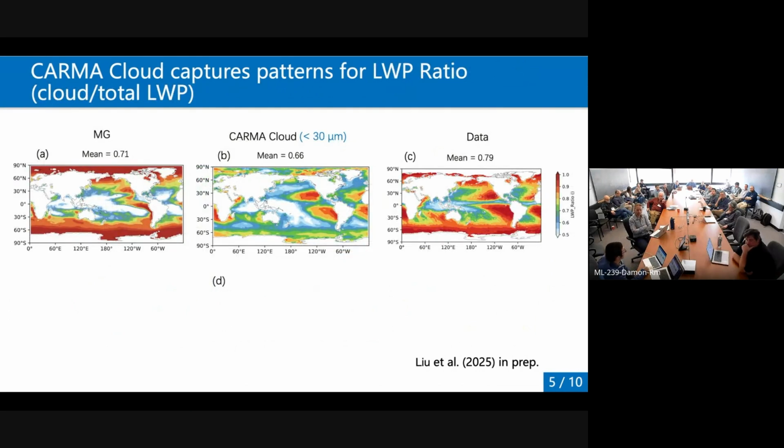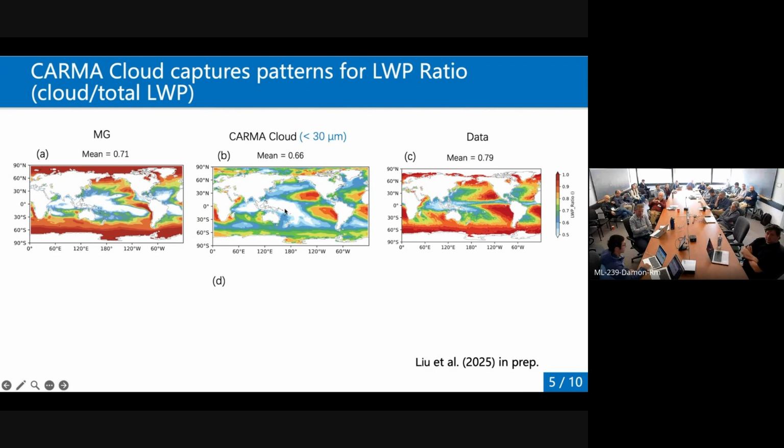Karma Cloud also captured the patterns for the liquid water path ratio. The ratio is defined as the ratio of cloud to total liquid water path, which means how much of the liquid water path contains cloud-sized particles. So in this figure, we plot the patterns for a liquid water path ratio greater than 0.5, which means more than half of the liquid water path is cloud-sized particles.